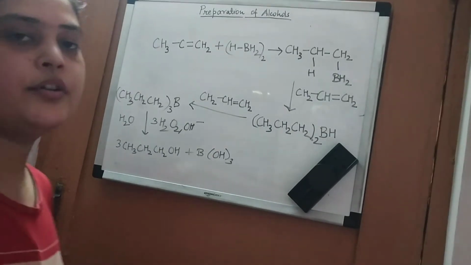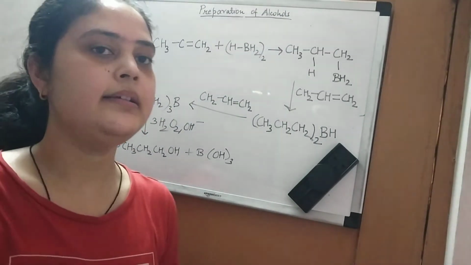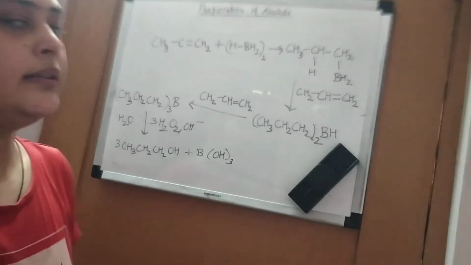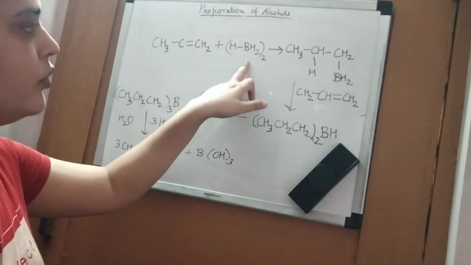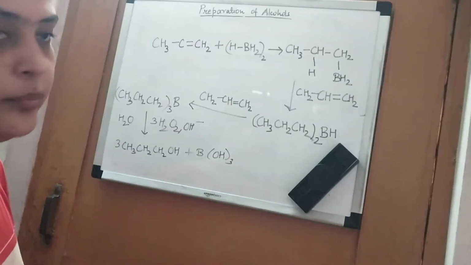Here also we use alkene as the reactant to form alcohol, but the other reactant is (BH3)2. (BH3)2 is known as diborane.